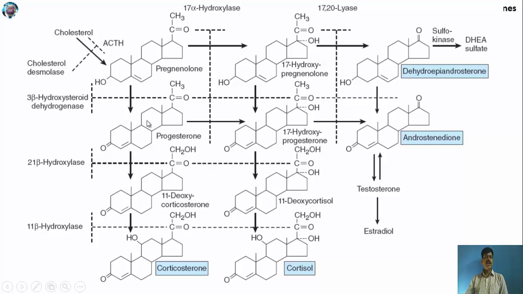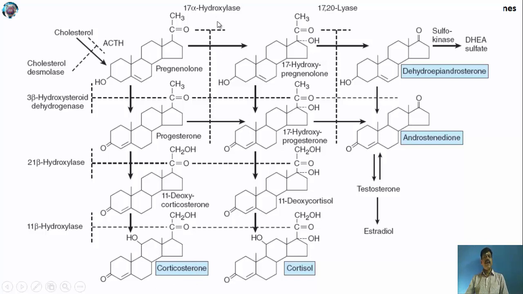So pregnenolone is converted into progesterone. After progesterone is formed, the 21-beta-hydroxylase enzyme converts it into 11-deoxycorticosterone. Here one hydroxyl group is added. Then another enzyme, 11-beta-hydroxylase, converts 11-deoxycorticosterone into corticosterone. So you are getting a functional hormone, corticosterone.